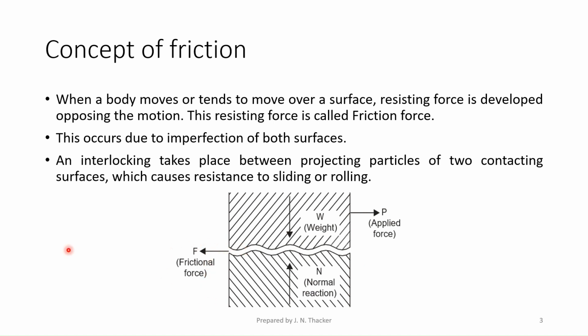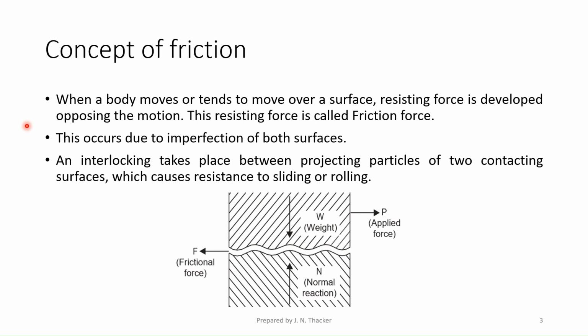So, by definition, the concept of friction or frictional force is when a body moves or tends to move over a surface, resisting force is developed opposing this motion. This resisting force is called frictional force. Okay, when a body moves or tends to move over the surface, resistance is developed against the motion.